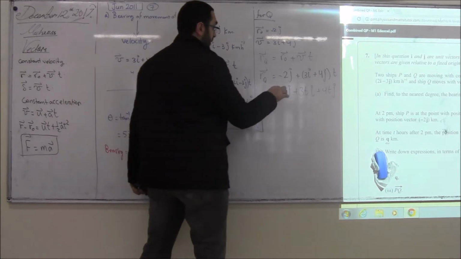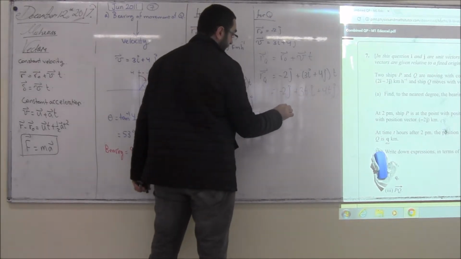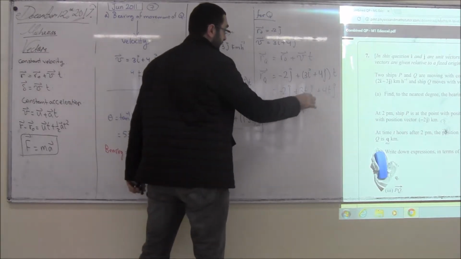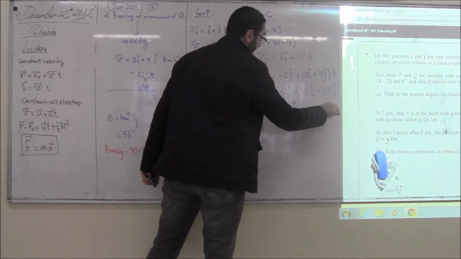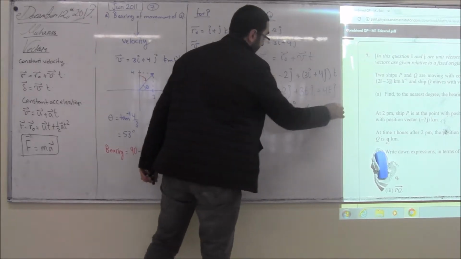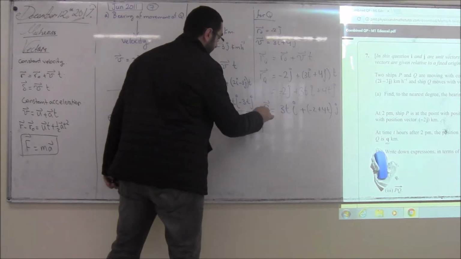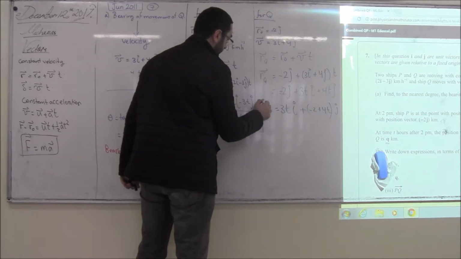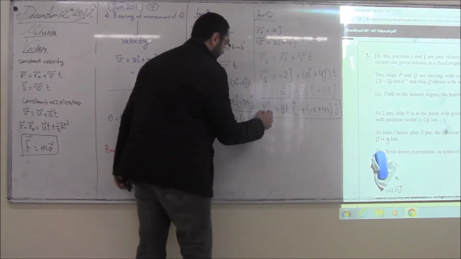This will be 3t i plus (minus 2 plus 4t) j. This is r Q, the final position of Q.